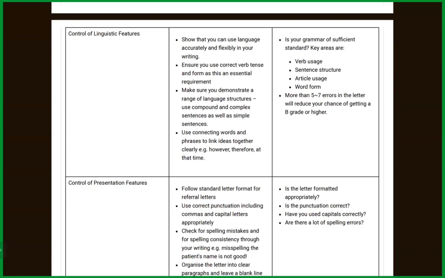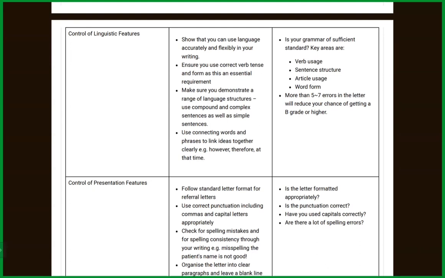Second one, ensure you use correct verb, tense and form, as this is an essential requirement. Third one, make sure you demonstrate a range of language structures: use compound and complex sentences as well as simple sentences. So either you can use compound or complex, or together also you can write. Or simply you can write in a simple sentence also.